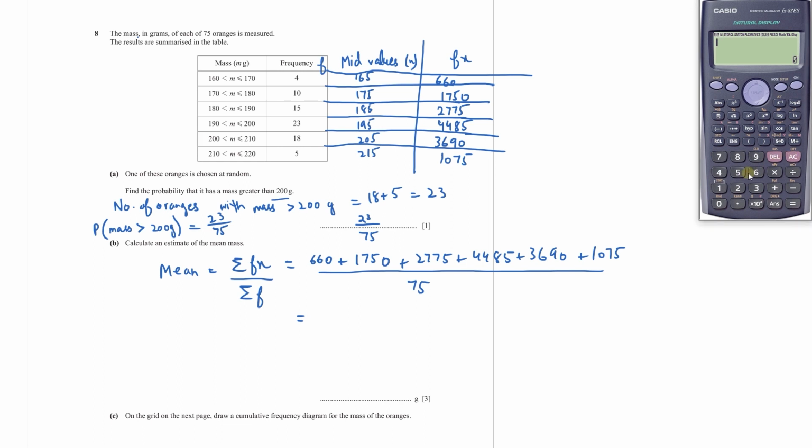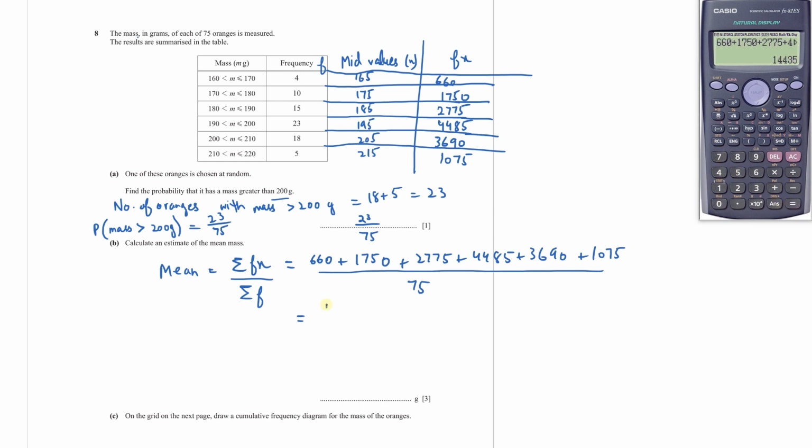So now if you add all this, 660 plus 1750 plus 2775 plus 4485 plus 3690 plus 1075.